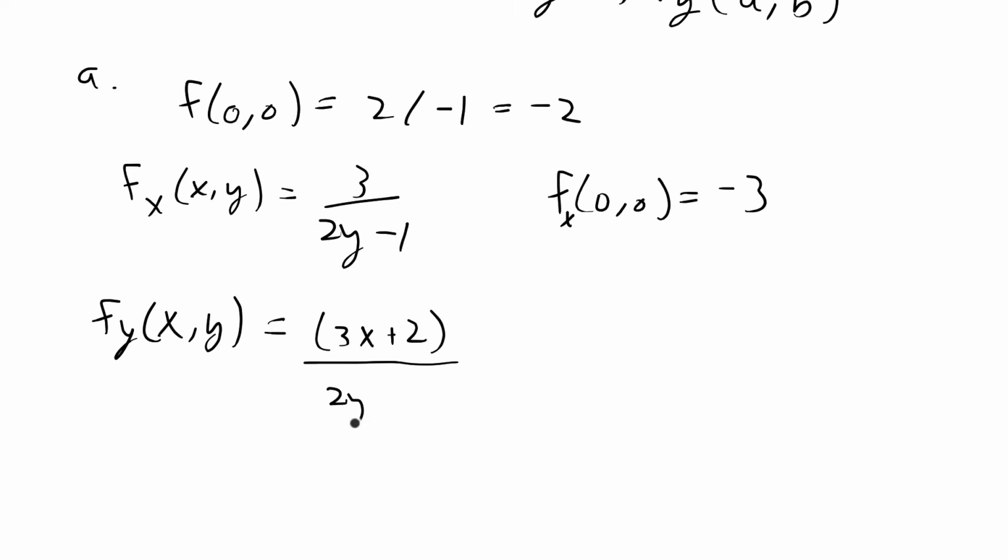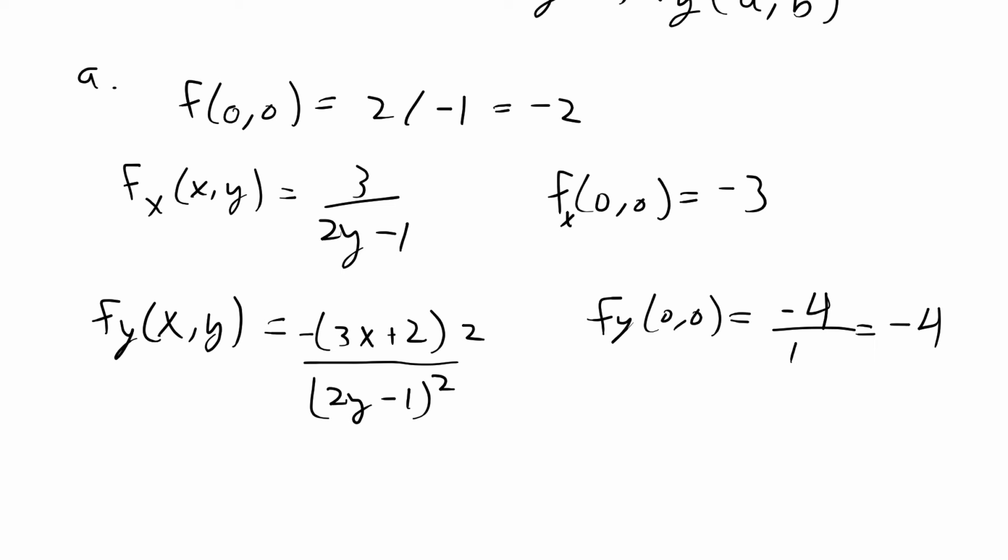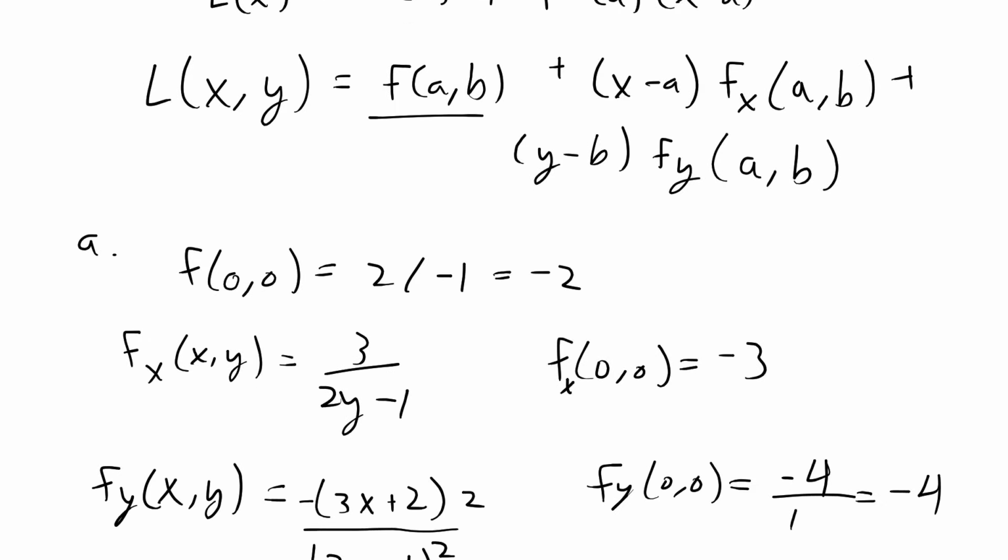That is equal to 1 over (2y - 1) squared, times -1 times 2. Again we plug in (0, 0), which gives us -2 over (0 - 1) squared, which is 1, so that's -4. Now we have all the values ready to plug into our linear approximation formula.